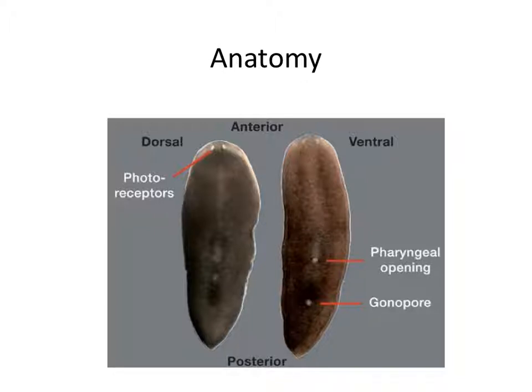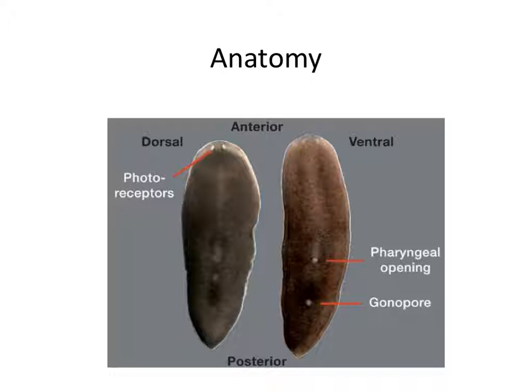So they don't have eyes like we do, but they can detect light. So they can photonavigate. They know where it's lighter and darker, and they can kind of move around based on light. So it kind of makes them look cross-eyed, because the two black dots are on the interior of the two white eye spots. So that's how we know where their head is, the eye spots. And the tail is the other end.